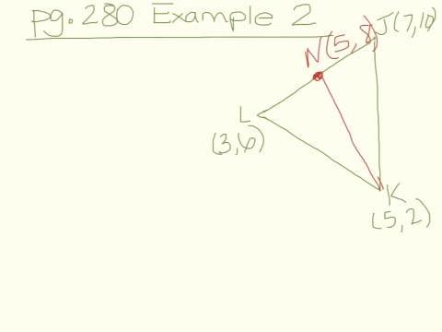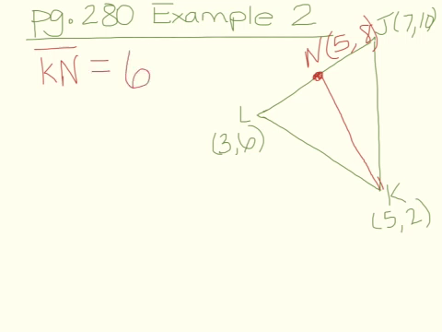The first thing I notice is that the x doesn't change between K and N. So really this distance is only the difference between the y values, 8 minus 2. So the distance of KN is 6. So KN is 6 units.